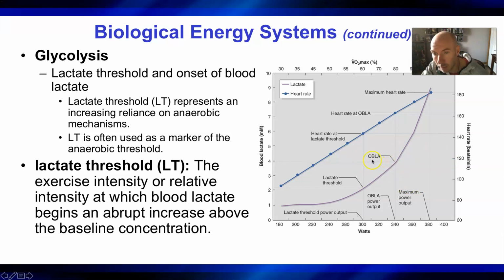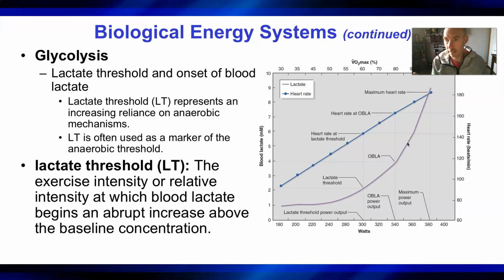And this point is labeled the onset of blood lactate accumulation, or the OBLA. That's the acronym that we use to say it more quickly. That occurs at a level of 4 millimoles per liter, right? So the lactate threshold we consider to be at a level of 4 millimoles per liter. Okay, so once your blood lactate gets above this concentration, usually then fatigue is going to occur shortly thereafter, right?